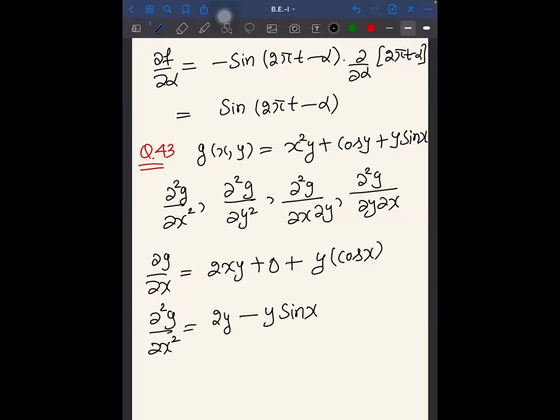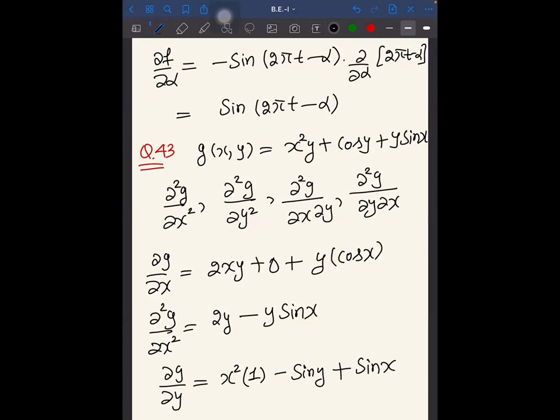So similarly, we'll do another way, that means ∂g/∂y. If you see this expression, now you need to differentiate with respect to y. So that means x squared, so y's differentiation is 1, cos y minus sin y. Here your y is only 1, so differentiation of y is 1, so we are left with sin x.